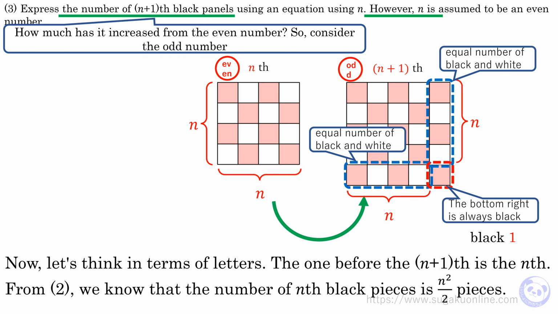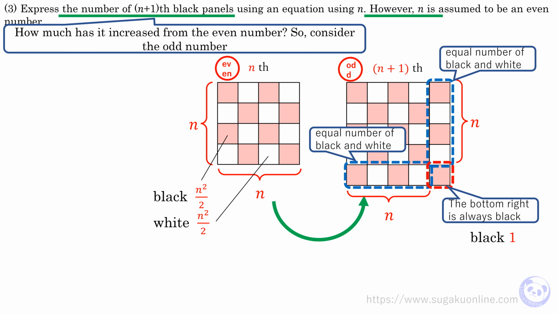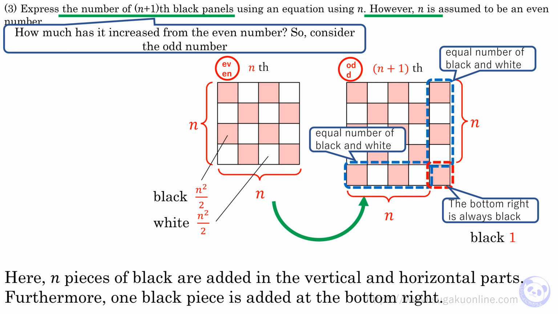Now, let's think in terms of letters. The n plus 1th, the one after the nth. From 2, we know that the nth black number is n squared over 2. Here, n black pieces are added in the vertical and horizontal parts.